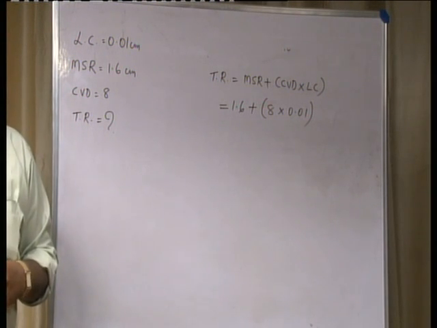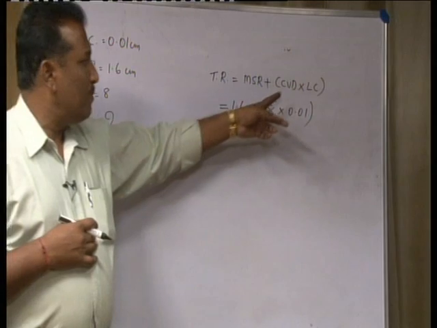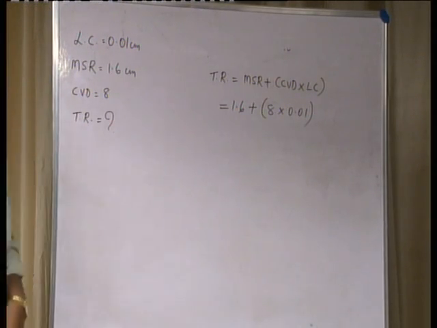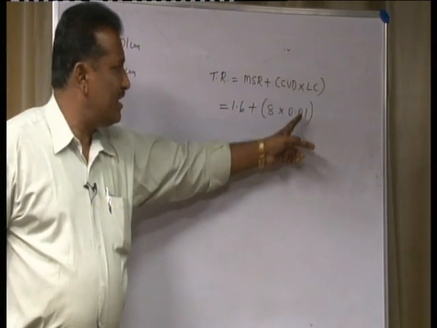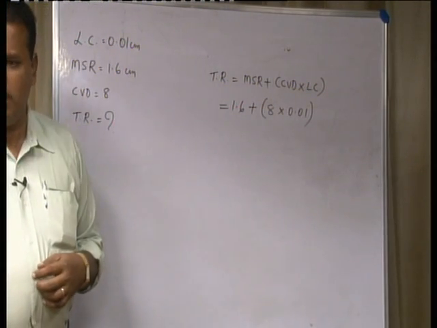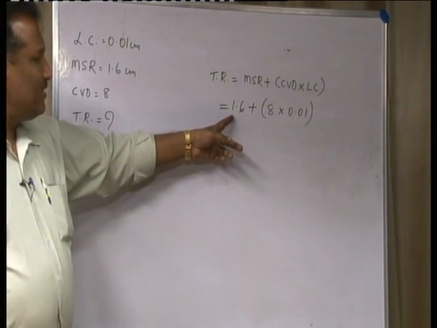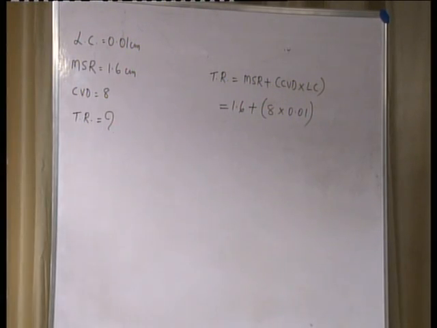Sometimes the mistake done by students in the examination is writing the MSR in millimeter but the least count in centimeter, and vice versa. So, if you want to calculate the total reading in millimeter, take MSR in millimeter and simultaneously least count also in millimeter. If you want to solve it in centimeter, MSR should be in centimeter and least count also in centimeter.